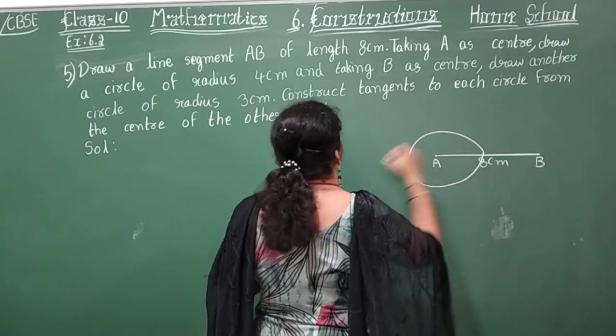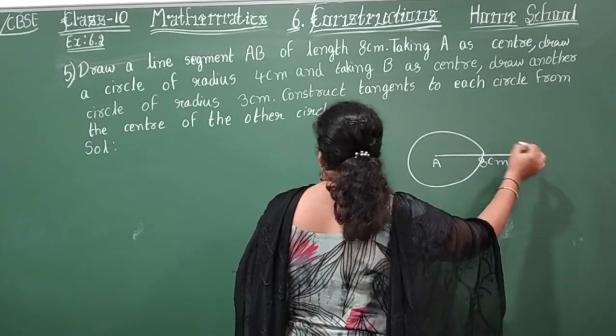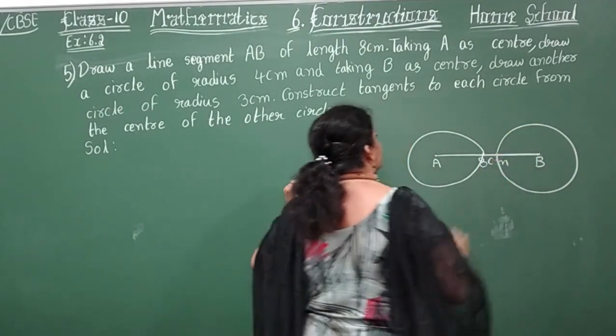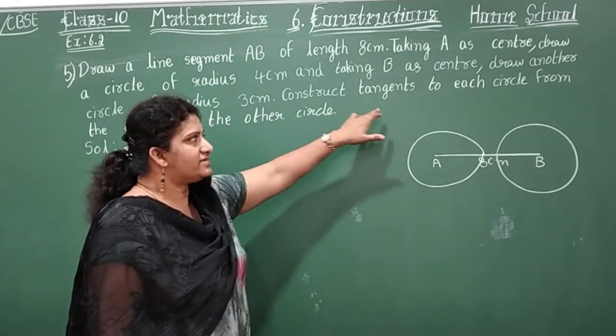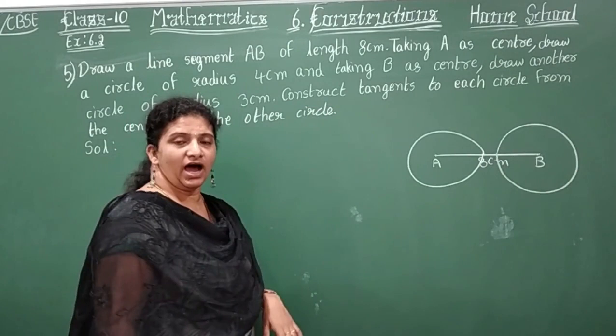And taking B as center, draw another circle of radius 3 centimeters. Construct tangents to each circle from the center of the other circle.